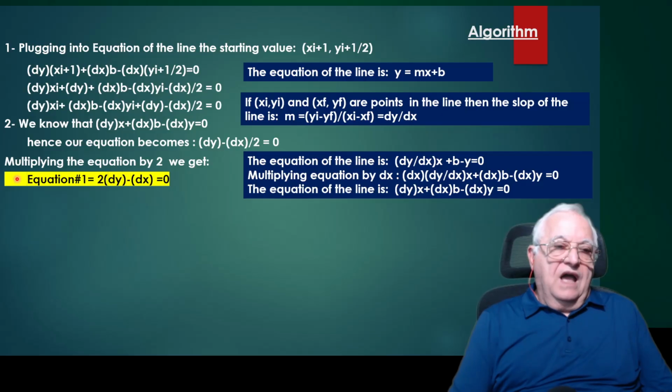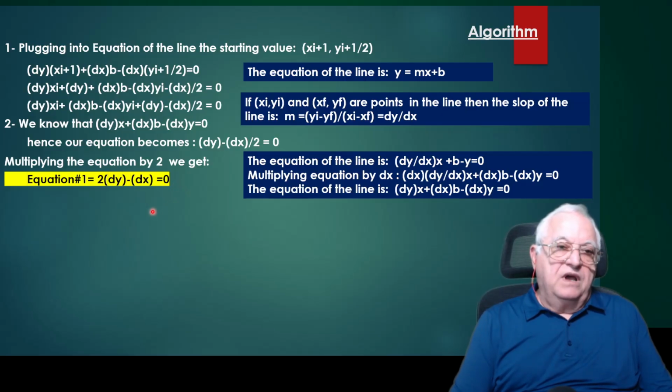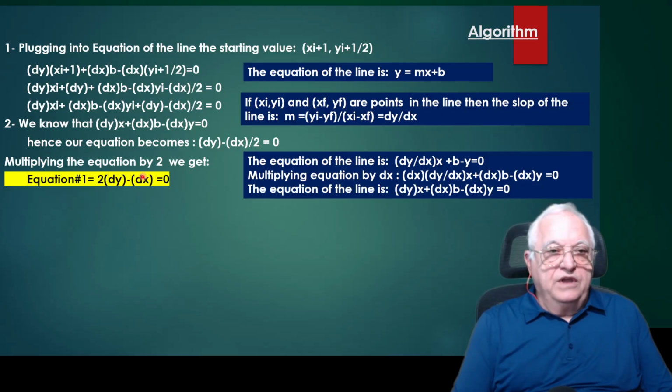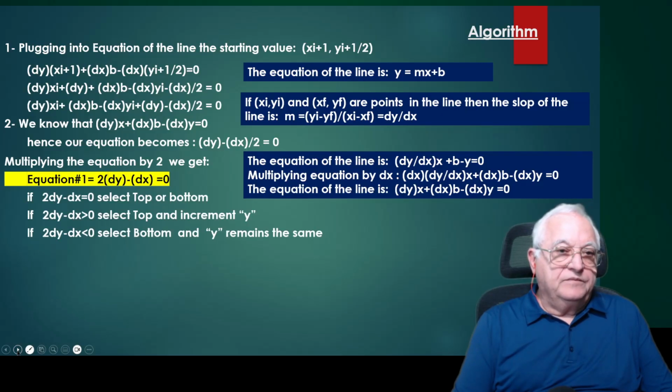So if I evaluate this equation, then basically, if it's 0, I can select top or bottom. If it's less than 0, I select the bottom. If it's greater than 0, I select the top. Because this equation is equivalent to the one where I plug in my numbers, as I showed you at the beginning, I can evaluate that.